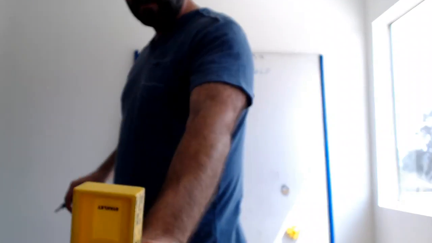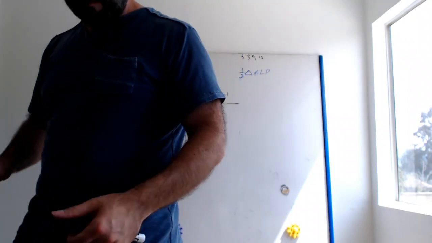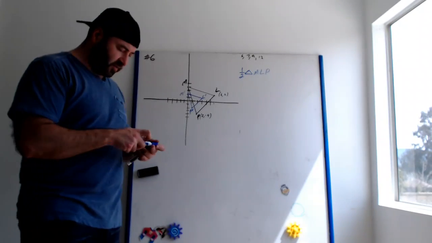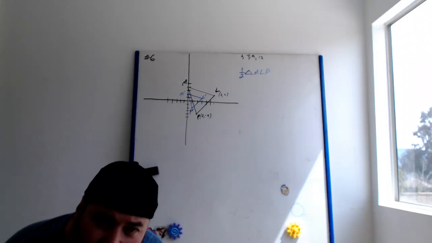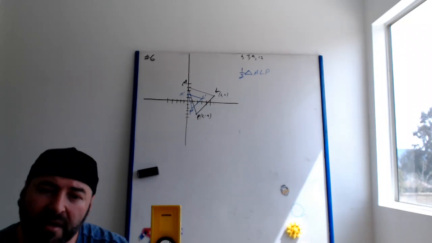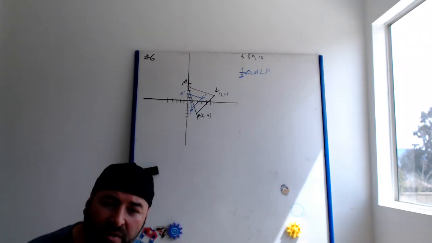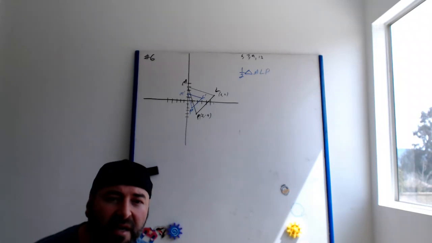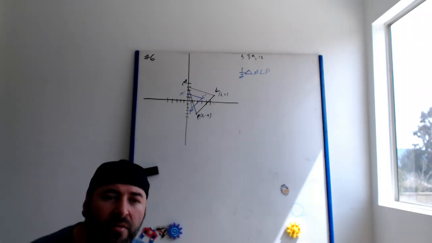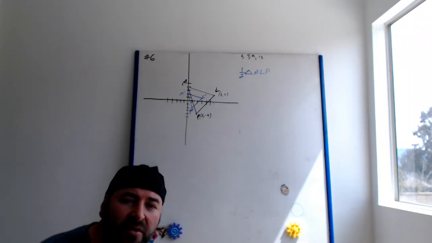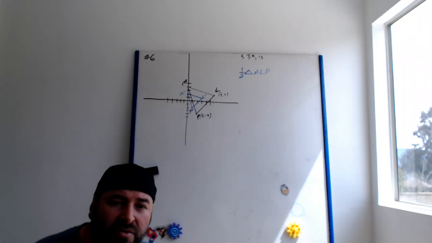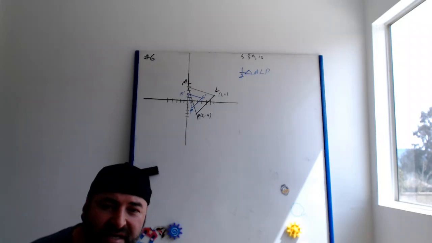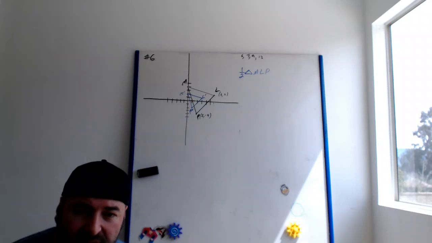Okay? That's how we go about the dilation from the origin. I don't remember if I'm rotating the original or the new one, so let me double check on that. I'm going to rotate the original triangle 90 degrees counterclockwise about the origin.